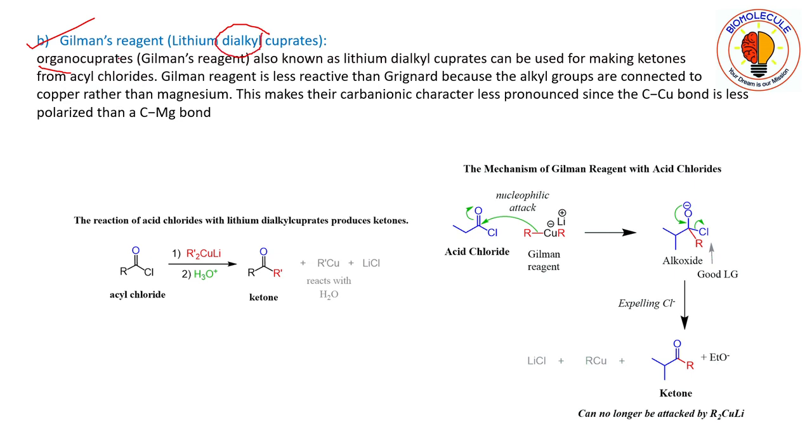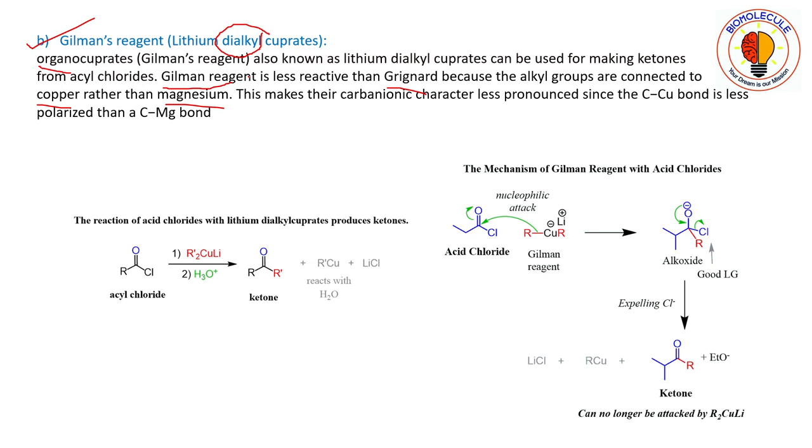So organocuprates, also known as lithium dialkyl cuprates, can be used for making ketones from acyl chloride. Gilman reagent is less reactive than Grignard because the alkyl groups are connected to copper rather than magnesium.